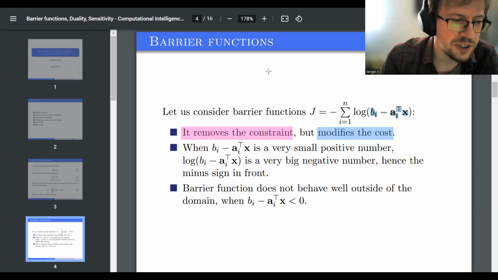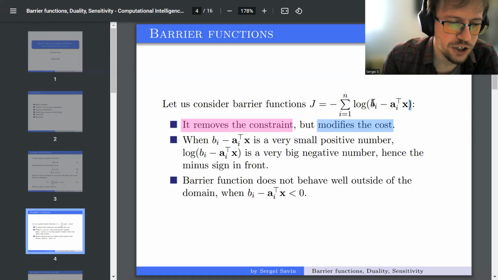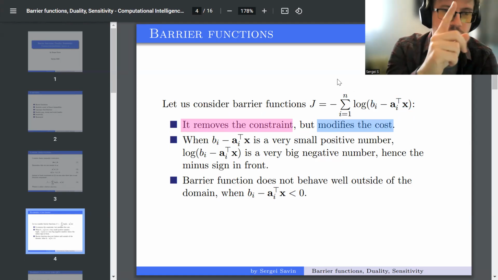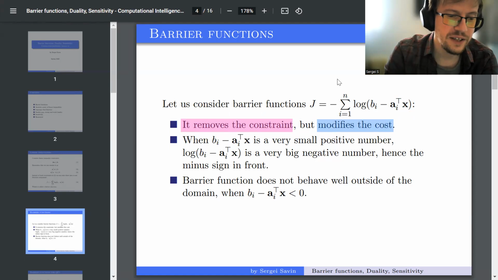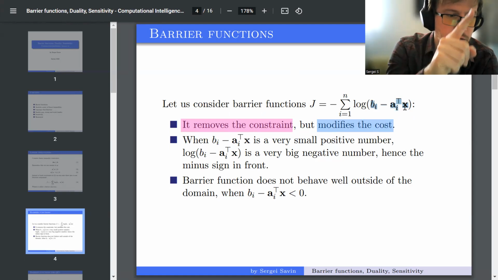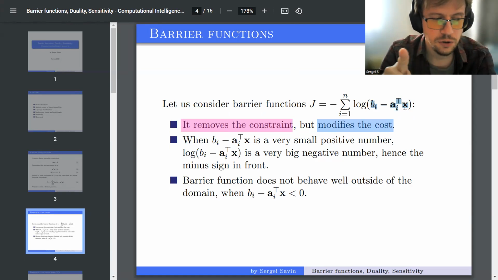Often enough, what people do is also multiply this expression here by a small number. By multiplying this by a small number, you keep the infinity property at the edge. And instead of the log looking like this, where it naturally goes vertical but then slopes out, if you multiply this expression by a small number, your log looks more like a vertical line and then instantly a horizontal line.